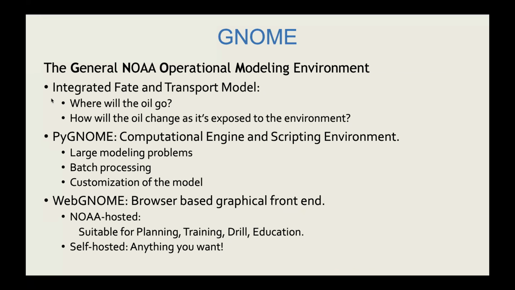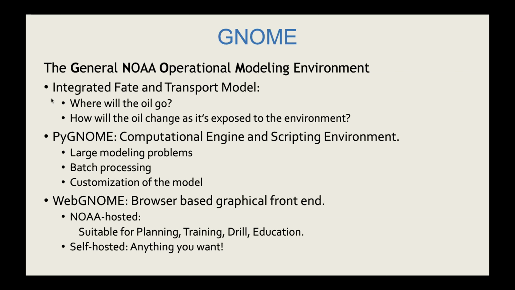So the core piece of the GNOME suite is GNOME itself, which is an integrated fate and transport model. So it answers that basic question of where will the oil go, the transport, and how will that oil change as it's exposed to the environment, the fate portion. The components of GNOME are what we call PyGNOME because it's written in the Python programming language.